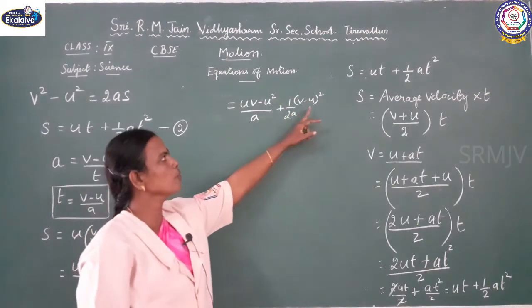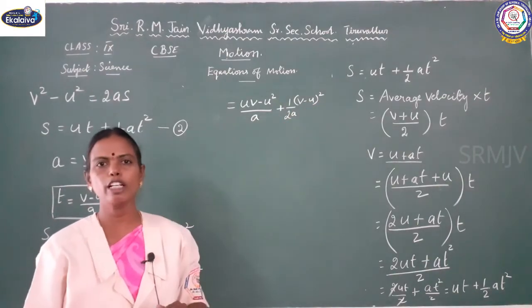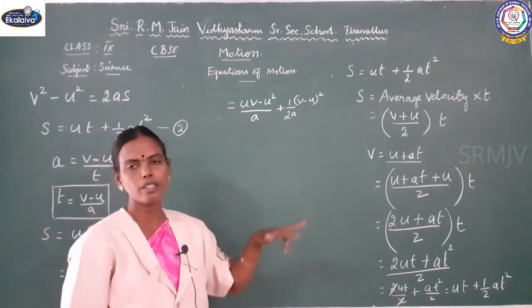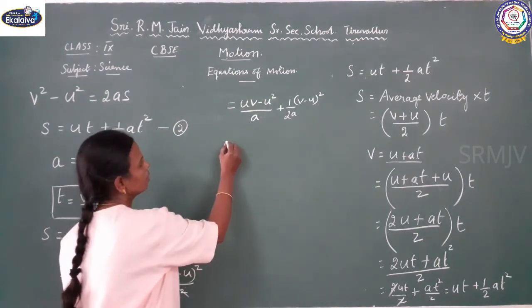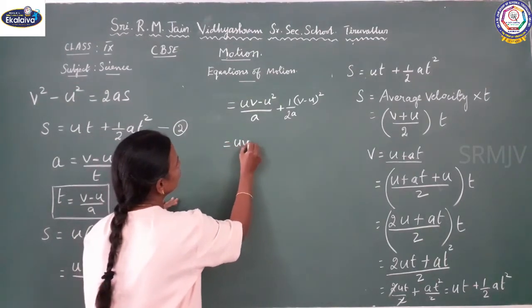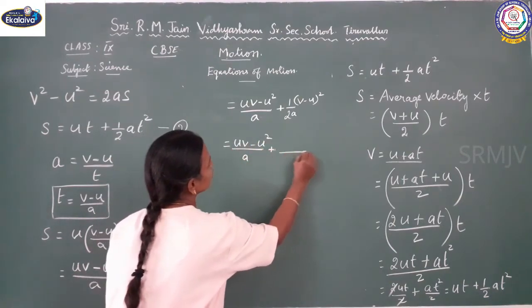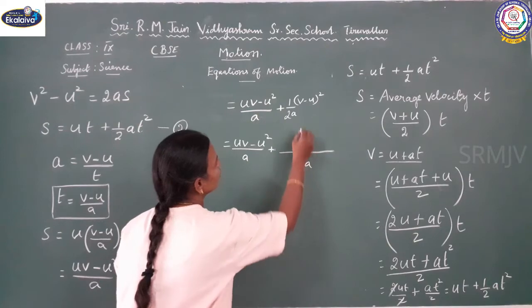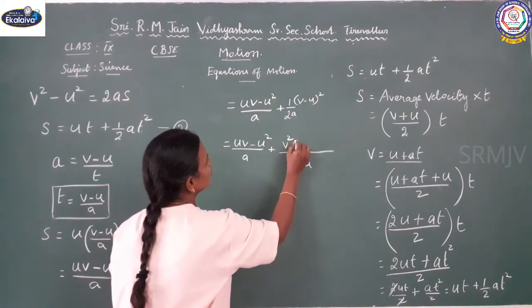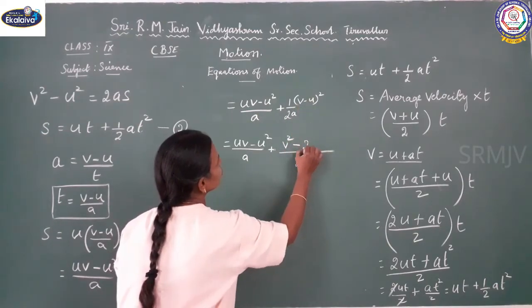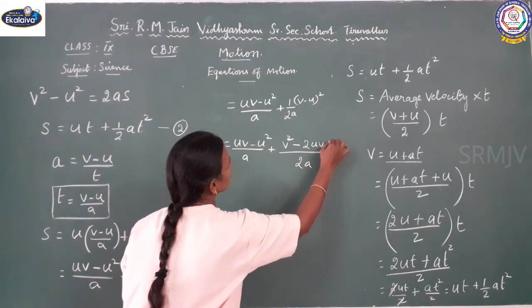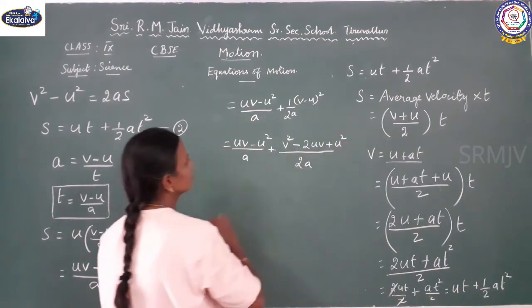So v minus u the whole squared is equal to v squared minus 2uv plus u squared. So you have to substitute: uv minus u squared by a plus 1 by 2a into v squared minus 2uv plus u squared.